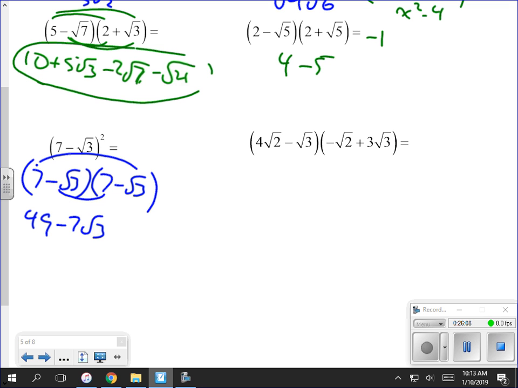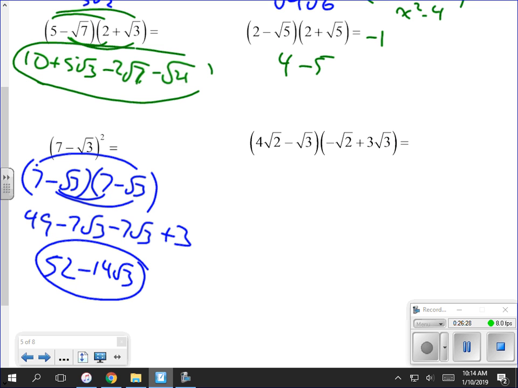Negative root 3 times 7, negative 7 root 3. Negative root 3 times negative root 3 is plus 3. Combine up your like terms. 49 plus 3 is 52. Negative 7 root 3 plus negative 7 root 3 is negative 14 root 3.